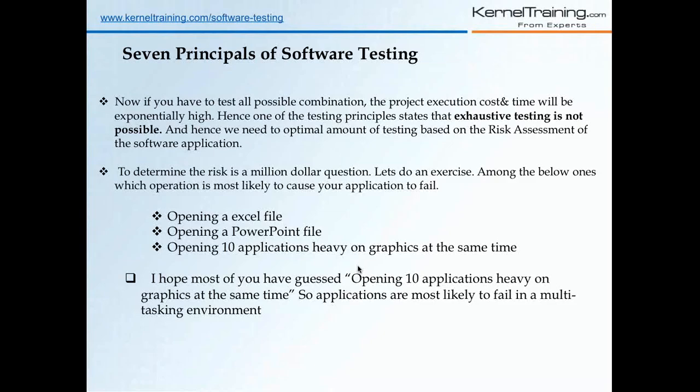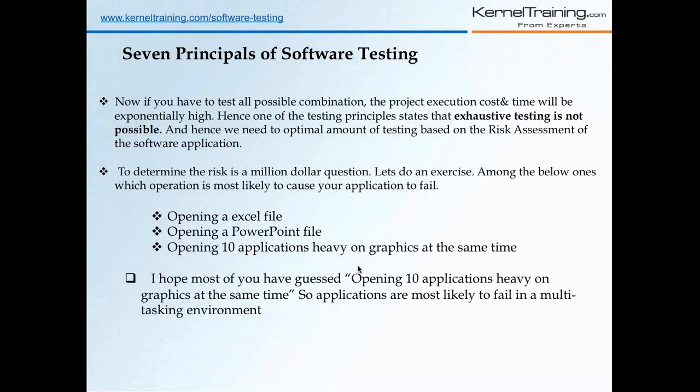Now how do we determine the risk? Determining a risk is a $1 million question here. Okay, but we can do that if we think properly. Let's do an exercise. I am giving you three situations, three operations.